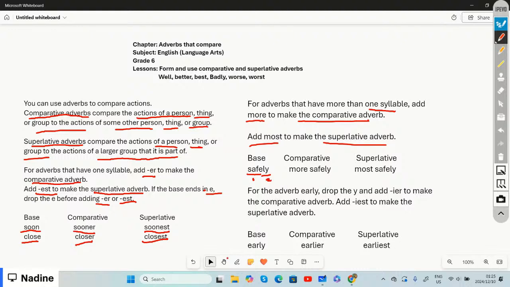So if we were to show the comparative adverb of safely, where we are comparing it to another person, thing, or group of things, then it is more safely. And if we compare it to a larger group, which is the superlative adverb, then we say it's the most safely.